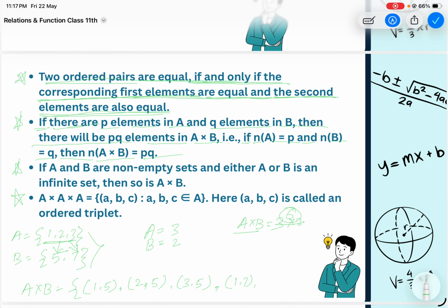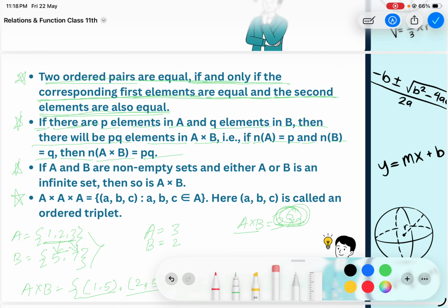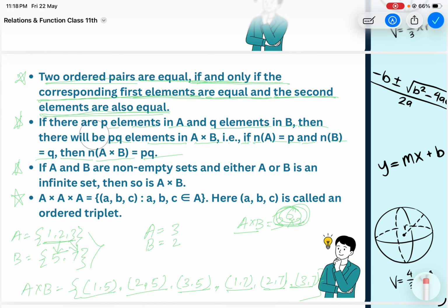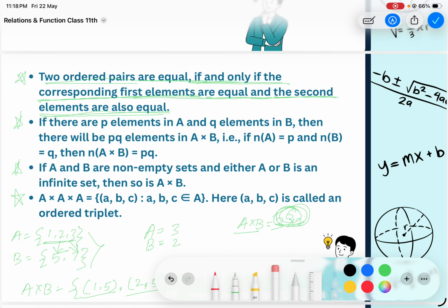So (1, 7), (2, 7), now (3, 7). So we have 1, 2, 3, 4, 5 and 6. We have a total of 6 ordered pairs, and here also you can see we have calculated that we have 6 ordered pairs. Now let's read this definition again, and hopefully now you can understand what it's saying, right?